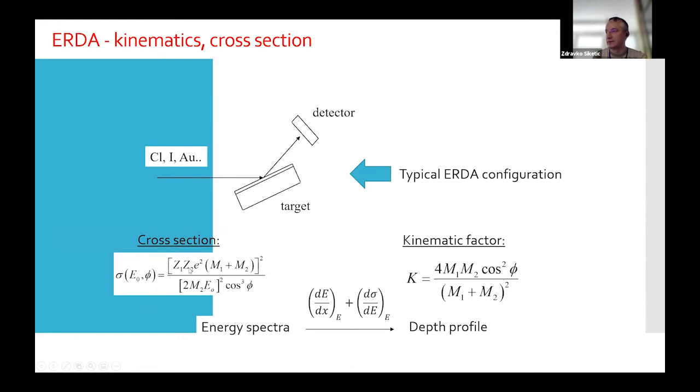If you use these two things, the kinematic factor, which defines the energy of the recoils and identifies the mass of the recoiled particle, and the cross section, which helps you calculate the concentration, you can easily convert energy spectra to a depth profile. We have software which does that. Nobody does that by hand.